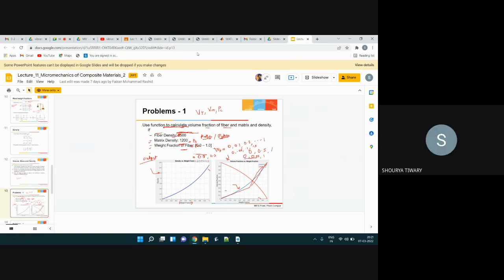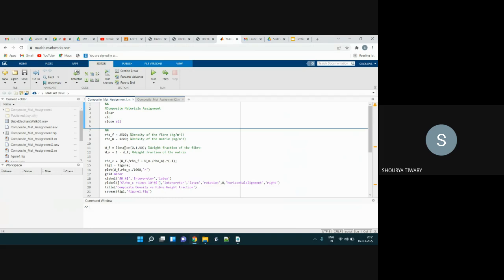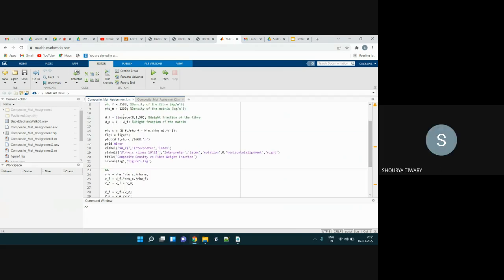So first, what I did was assign the density of fiber, then of matrix. After that, I took 50 points for the weight fraction of fiber, and then 1 minus the weight fraction of fiber will be the weight fraction of matrix.